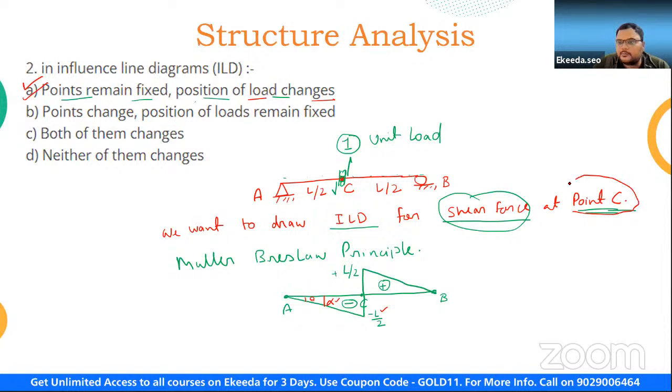Like in this one, our fixed point was point C, and the position of load changes, that is, the load is applied right from A till point B. This is the basic difference between ILD and SFD. Right, guys? I hope I have made it clear. If you have any doubt, please ask, or else we'll move on to the next question.